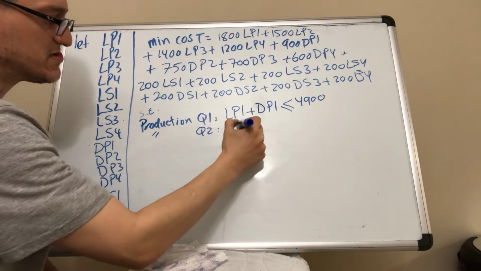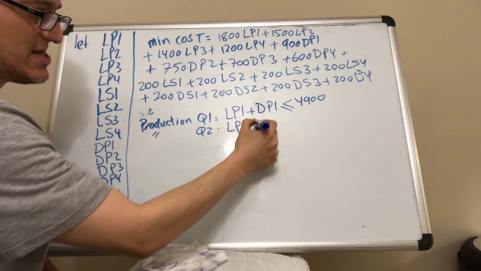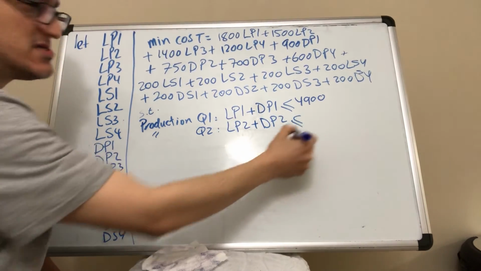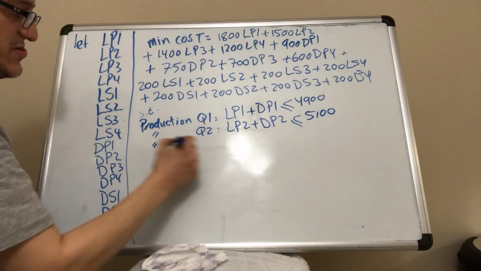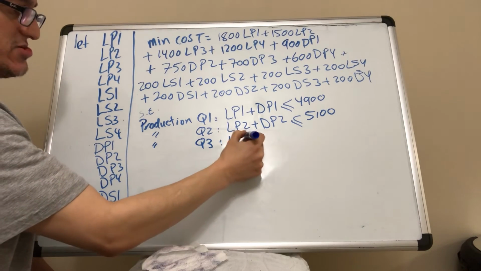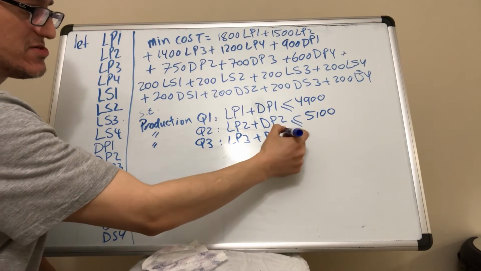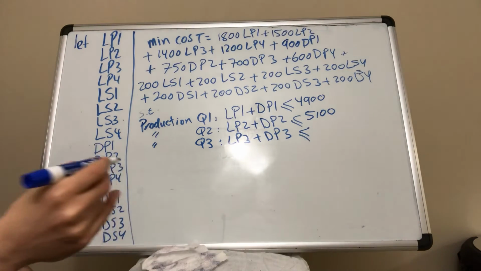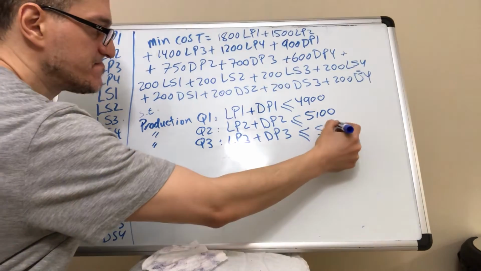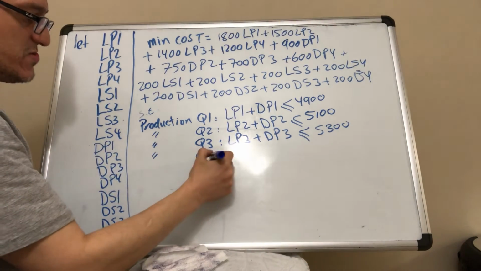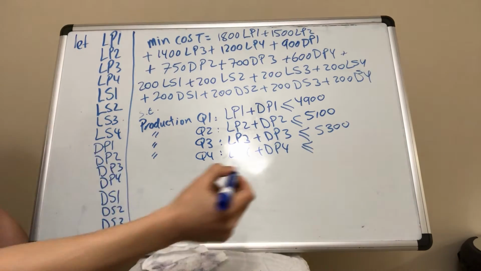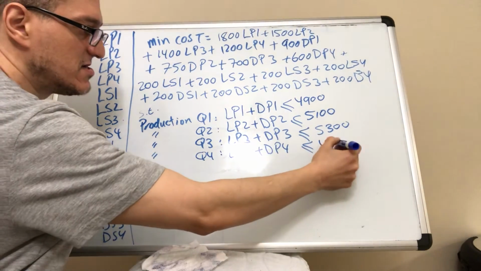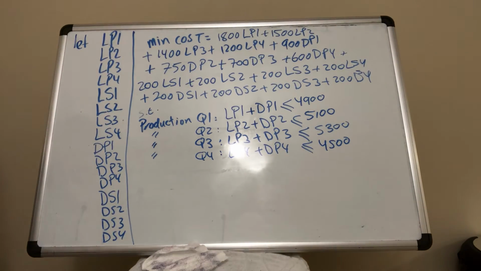You can produce L, you can produce a D, not to go over 5,100. Q3, you can produce L, you can produce D not to go over 5,300. And for Q4, you can produce L, you can produce D not to go over 4,500. That's your production capacity for each quarter.